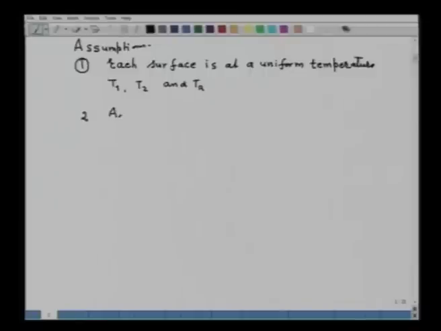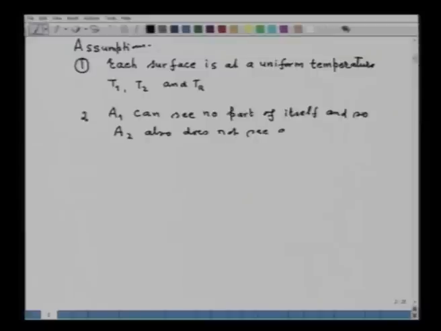So, our assumption number 2: A1 can see no part of itself, and so we will also assume A2 also does not see any part of itself. That is the assumption number 2.